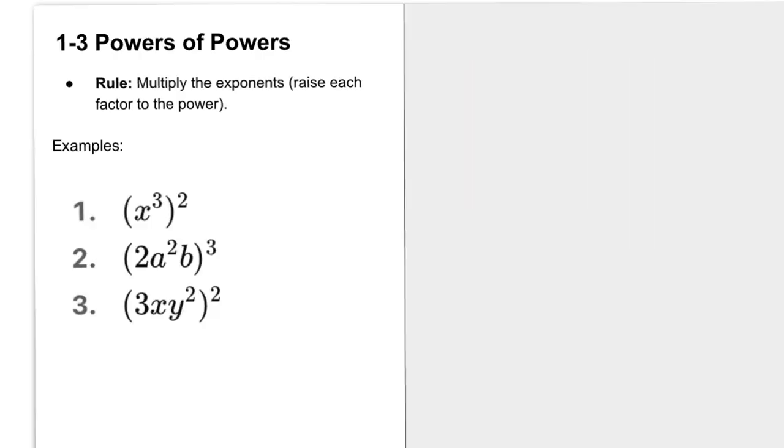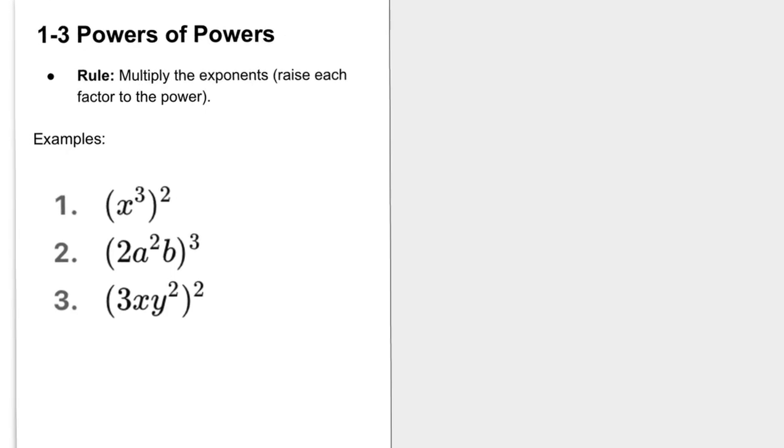All right, let's talk about powers of powers, and the rule is multiply the exponents and raise each factor to the power. Let's understand what that means. The rule says that we have to multiply the exponents, so let's write our first example.